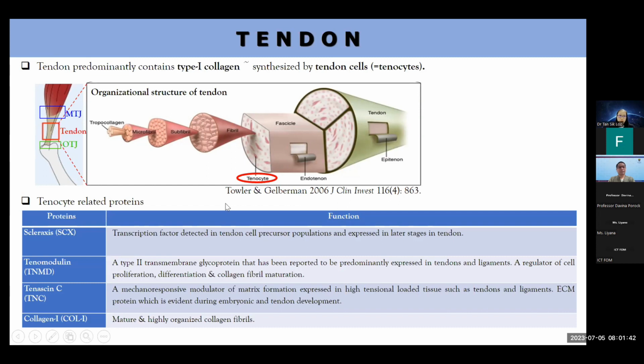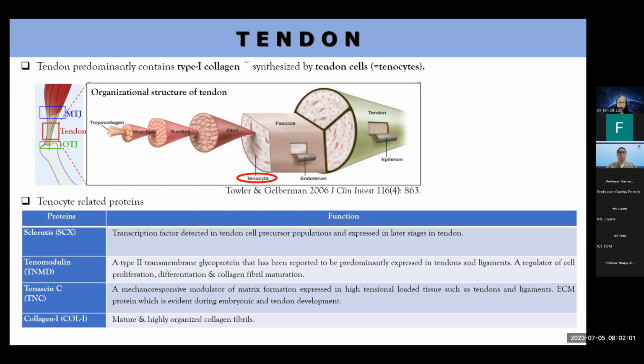The table below shows some important proteins in tendon. For example, scleraxis, tenomodulin, and tenascin C are key biomarkers showing a tenogenic characteristic, and type 1 collagen is the most abundant collagen type present in tendon tissues.